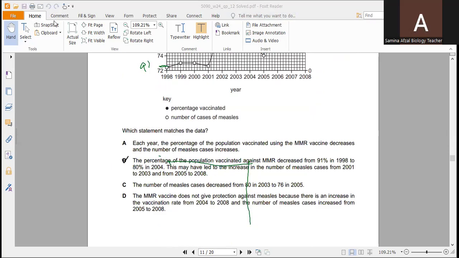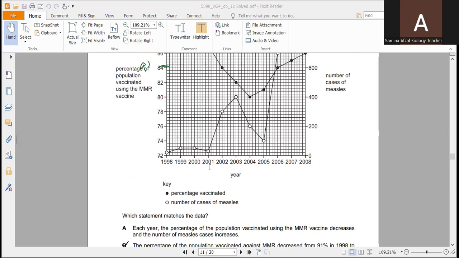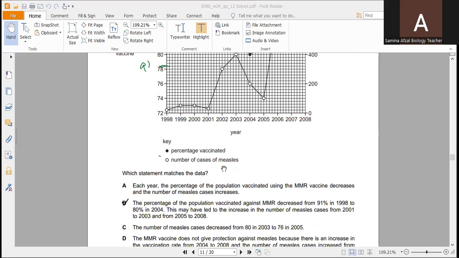And why is C not correct? Let me see why C is not correct. Here you can see the number of measles cases decreased from 80 in 2003 to 76 in 2005. In 2003, they are 80, right?